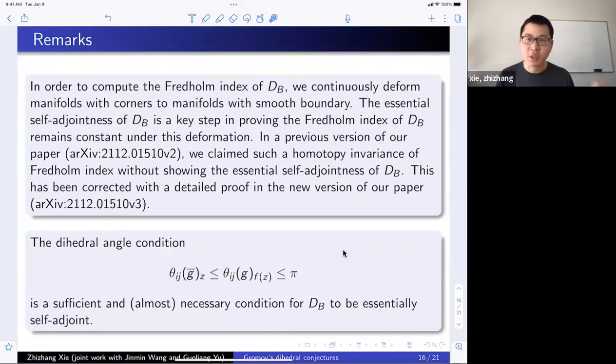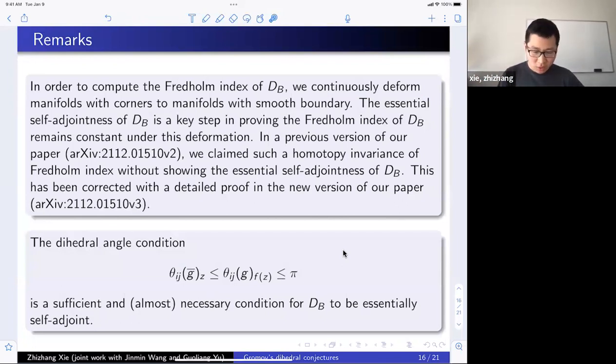Of course, index theory on manifolds with corners or manifolds with singularities is a delicate business. So in order to compute the Fredholm index, we would deform the manifold with corners to a manifold with smooth boundary. Of course, in this deformation process, we should make sure that the index does not change.